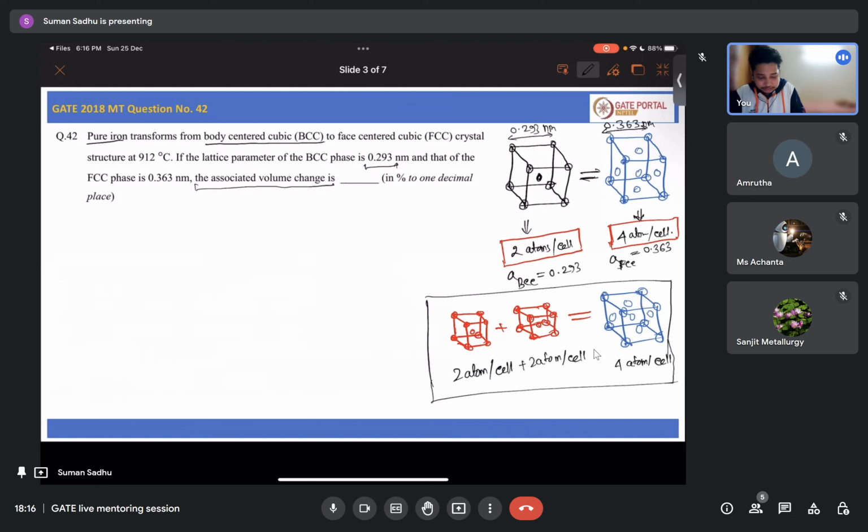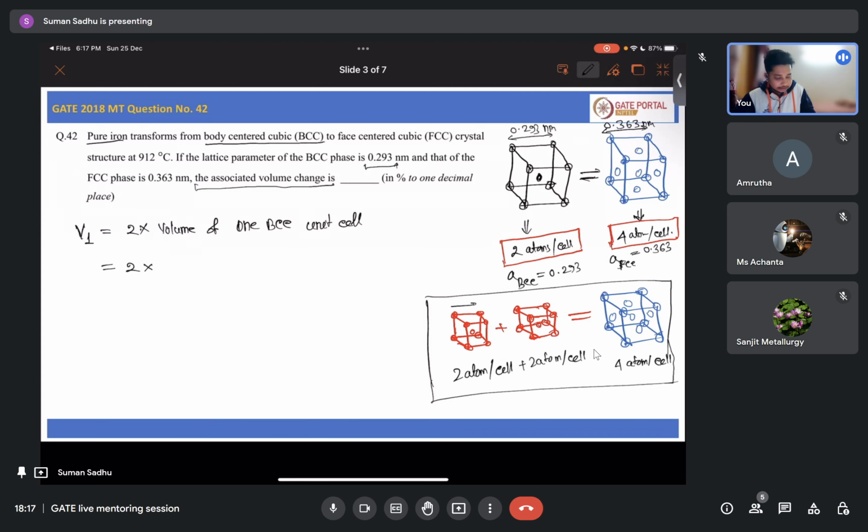See, what was the initial volume? V1, you can write the initial volume was 2 into the volume of 1 BCC unit cell, right? So now the volume of the BCC unit cell, how much?